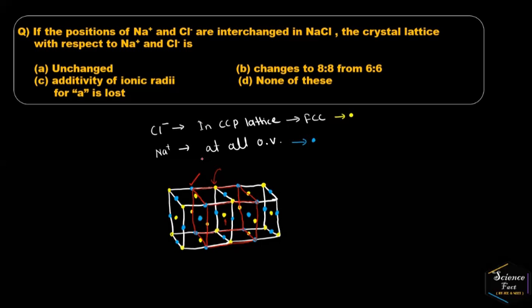And if Cl- is present at the octahedral voids, its coordination number will not change. The coordination number remains the same as before. So on the basis of this analysis, we can say that the structure of the lattice will not change. So the correct option is A.